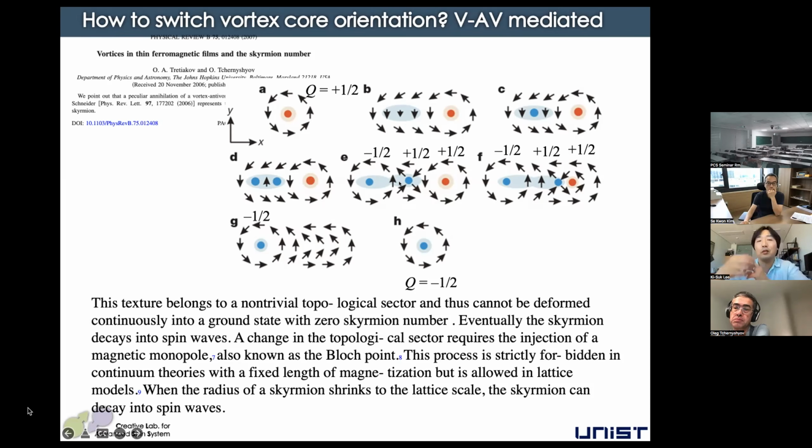It creates plus 1/2 and minus 1/2, zero change in the topological charge. But in the annihilation process, plus 1/2 and plus 1/2 disappear. It means the integer number of the topological charge disappeared from this system. So it should be related to the lattice discretization of the system.